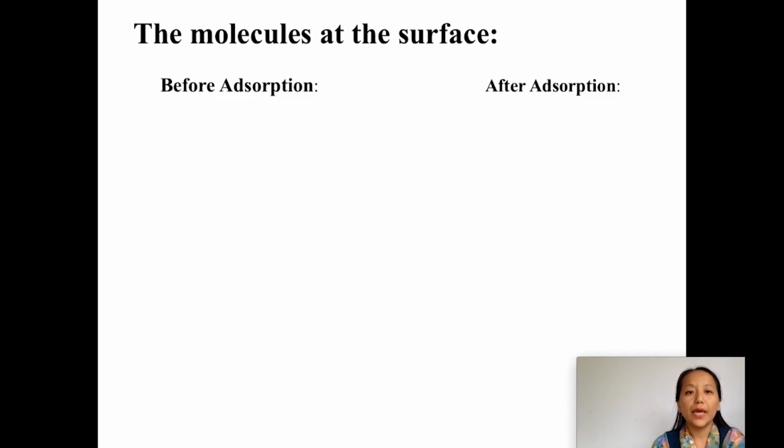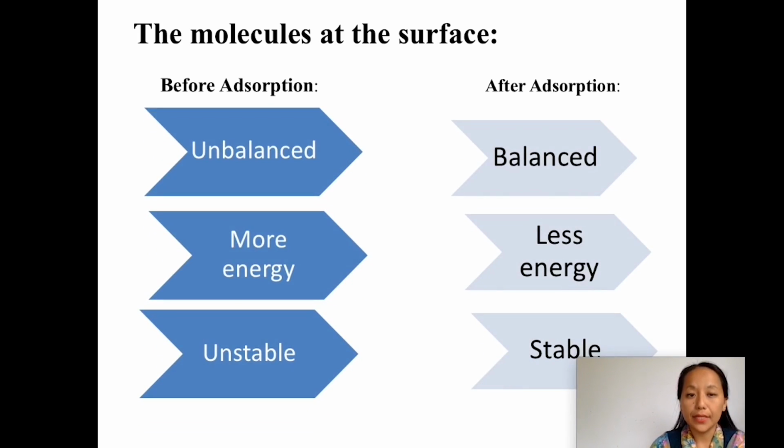Now let us look at the difference between the molecules present at the surface before adsorption and after adsorption. The molecules present at the surface before adsorption, as discussed earlier, are unbalanced, the forces are unbalanced, they have more energy, they are unstable.